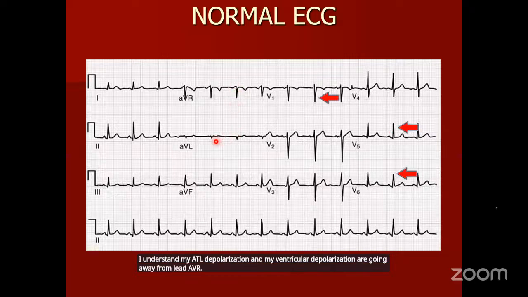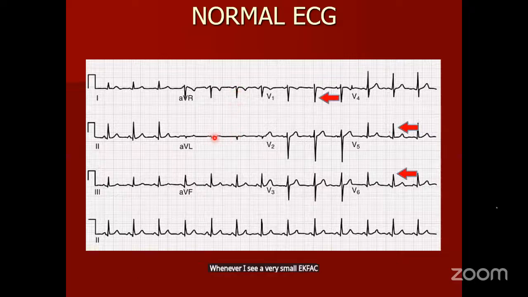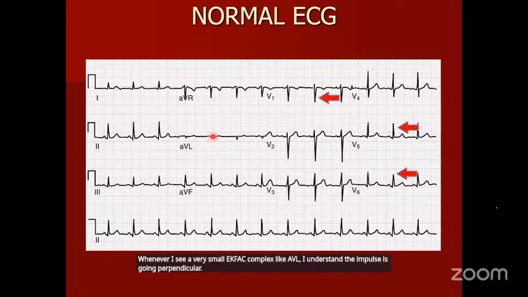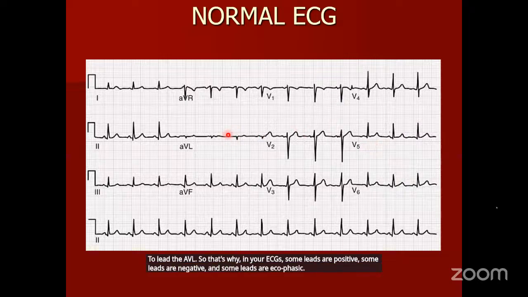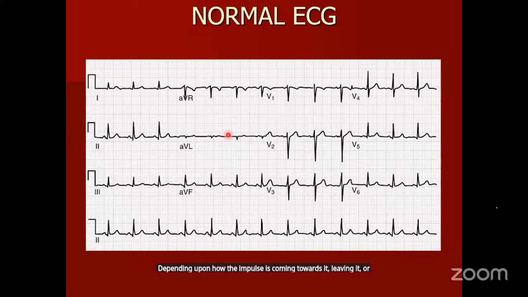Whenever I see a very small equiphasic complex like AVL, I understand the impulse is going perpendicular to lead AVL. So that's why in your ECGs, some leads are positive, some leads are negative, and some leads are equiphasic, depending upon how the impulse is coming towards it, leaving it, or going perpendicular towards it.